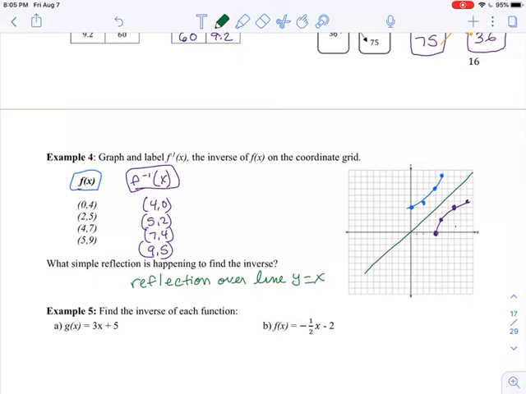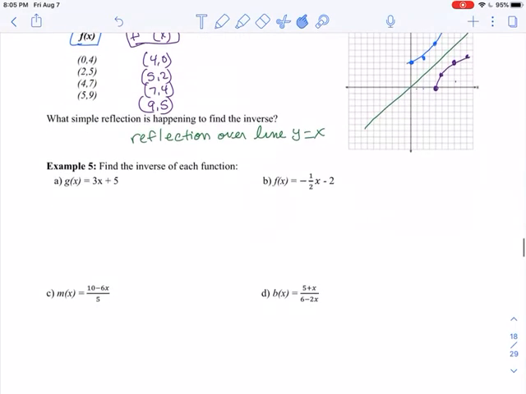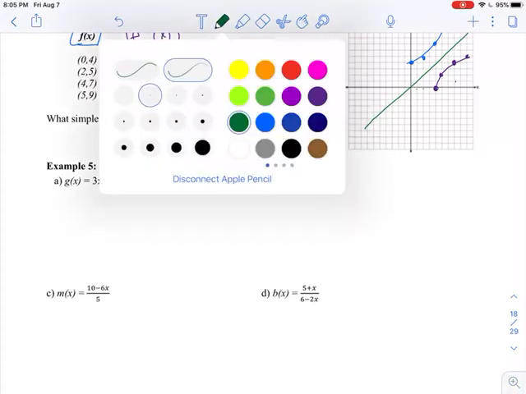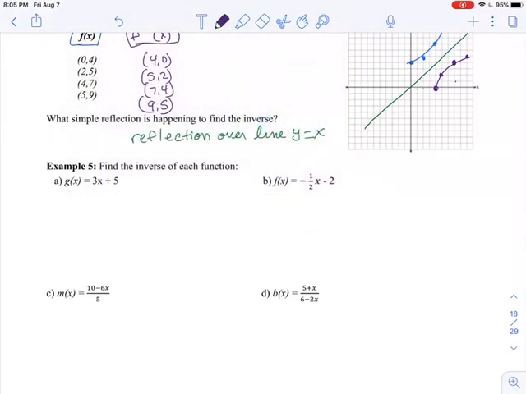All right, so let's find the inverse of each function. I have g of x equals 3x plus 5, so now I'm going to do this with an equation. So remember that the rule was you switch the x and the y. So instead of writing g of x, I'm going to change that to y. So step 1, you switch the x and the y. Okay, so I put x here and y there, and now I'm going to solve for y.